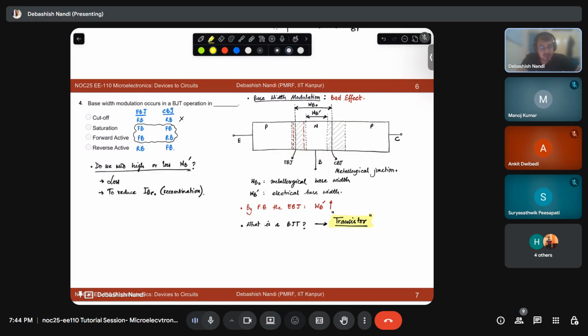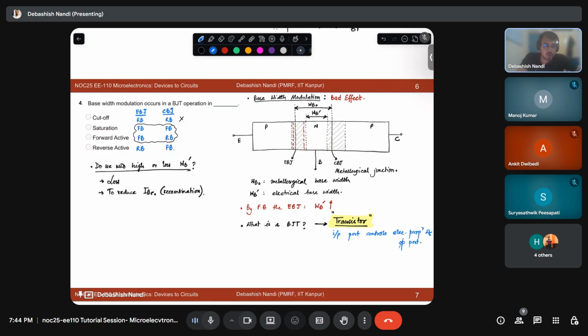Transistor action, when will transistor action get violated? What is transistor action? Input port controls electrical property of output port, right?